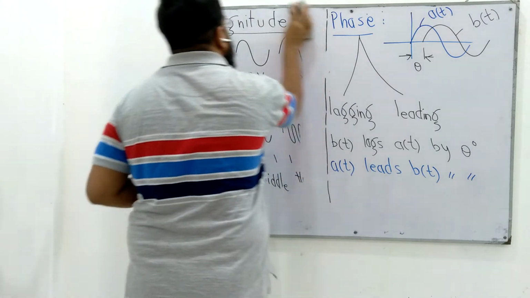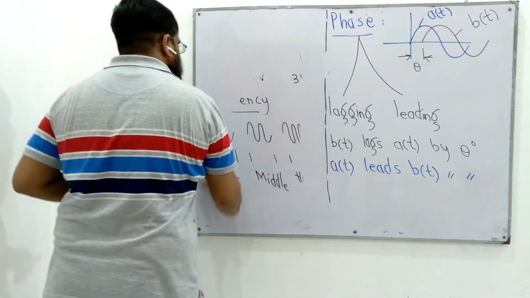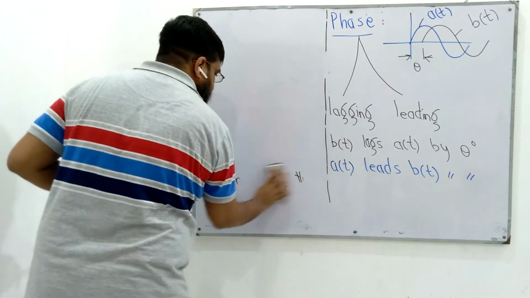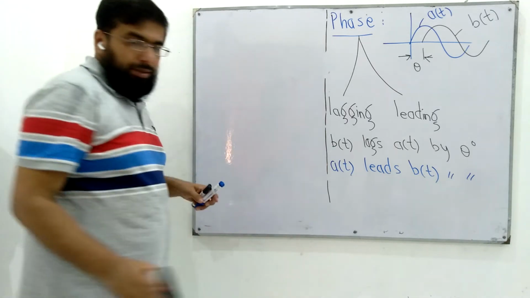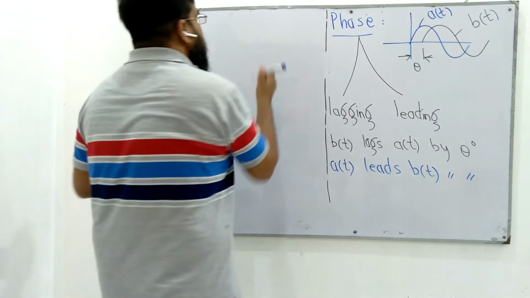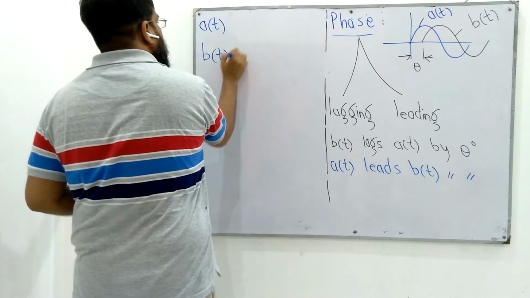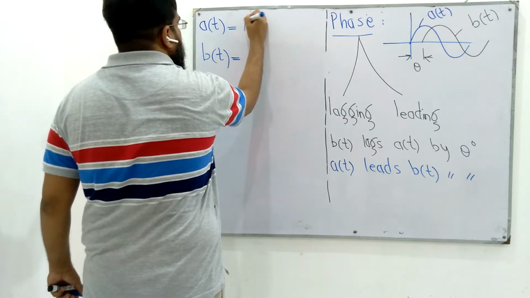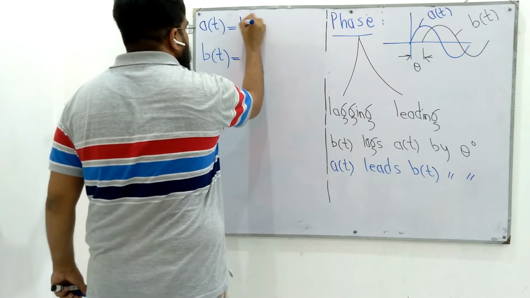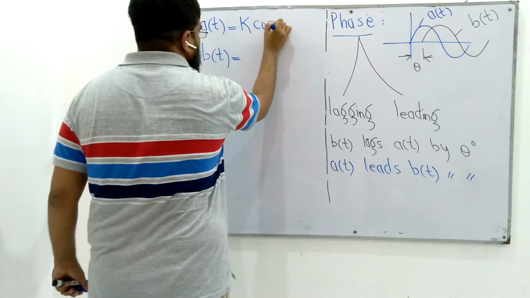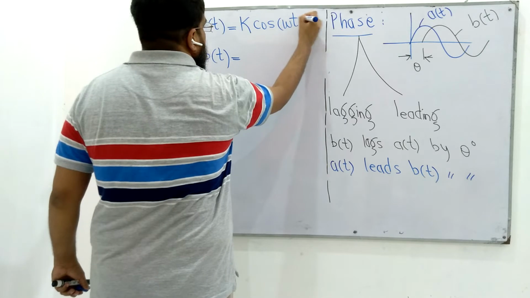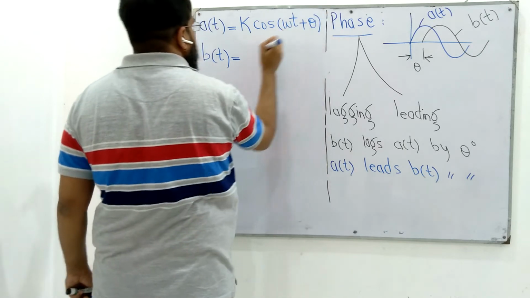These phase terms can also be represented in sinusoidal signals. Suppose for A of t and B of t we have the same magnitude term k. A of t is k cos omega t plus theta.